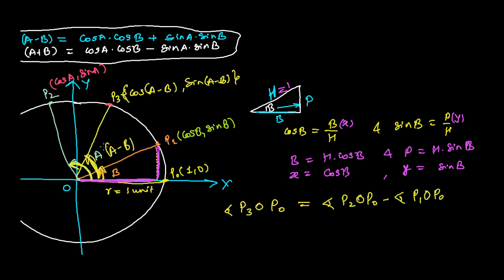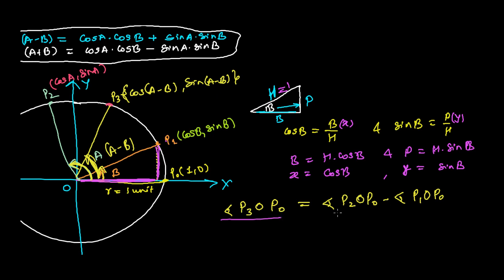This complete angle is equal to angle A minus angle B. So both the angles are equal now.